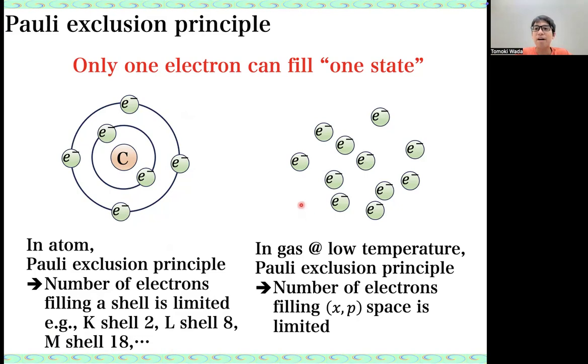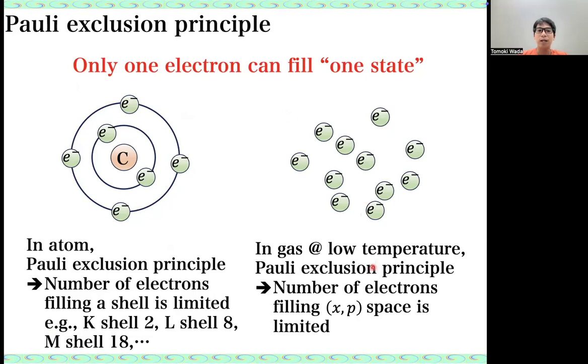But there is an upper limit to the number of electrons that can occupy one shell. For example, only 2 electrons can occupy the K shell, and 8 electrons can occupy the L shell. This upper limit for occupation number is due to the Pauli exclusion principle.